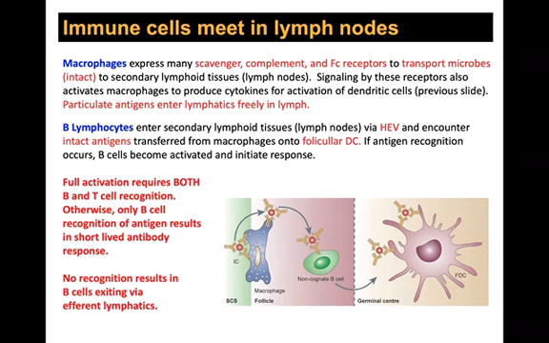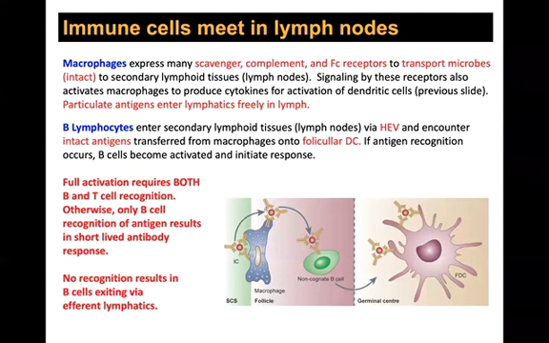An important concept here that we'll talk about a lot this semester is that, remember, you can get a B cell response without a T cell response. It's not very strong, it's pretty weak. So a full activation of B cells and T cells requires both antigen on dendritic cells to activate T cells and antigen on the follicular dendritic cells to activate the B cells.